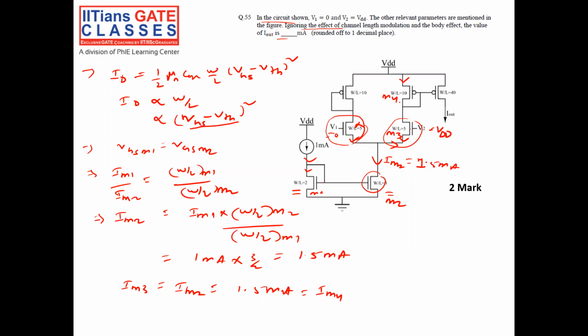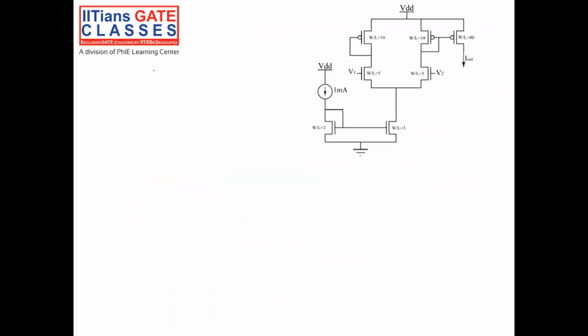Now let us take M5. Since M4 and M5 have the same VGS, gate is connected, source is connected, VGS of M4 is equal to VGS of M5.